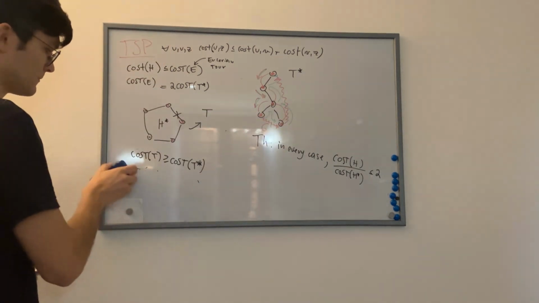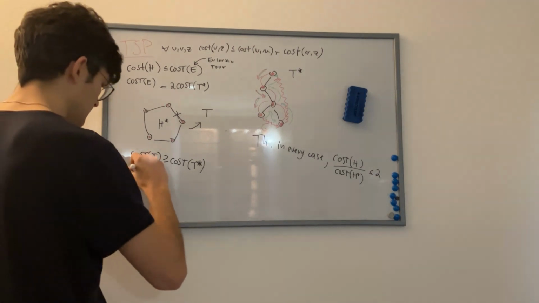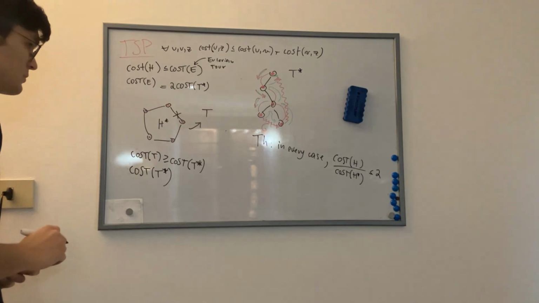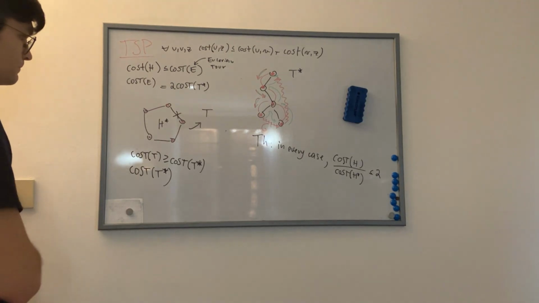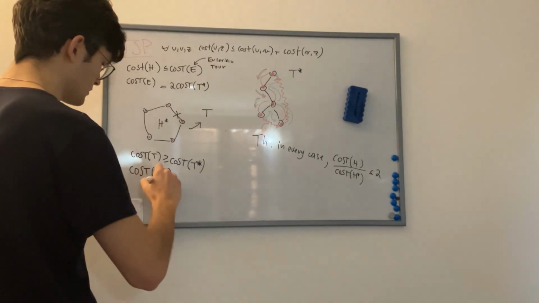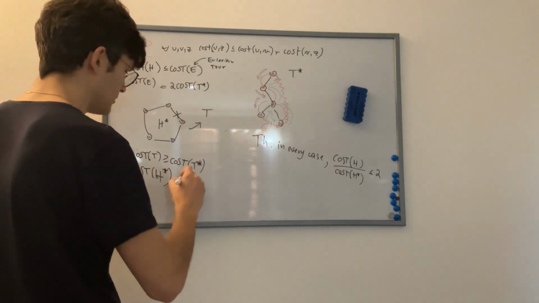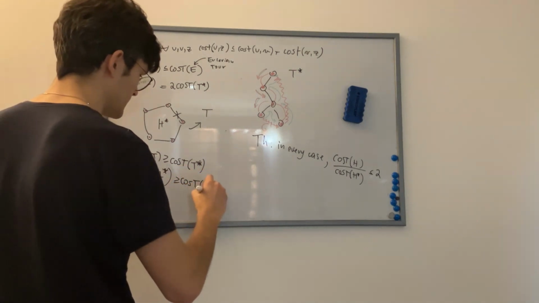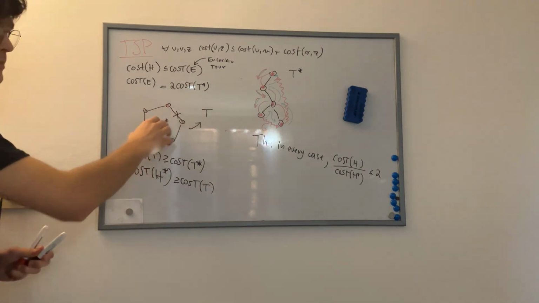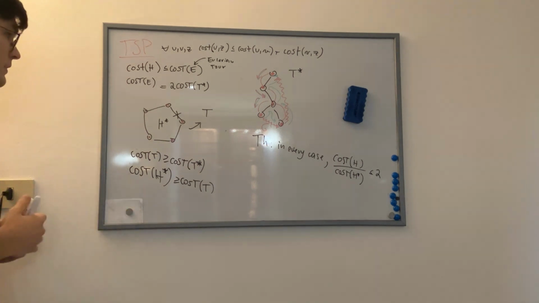What we need instead is that the cost of H star, so the cost of the optimal Hamiltonian cycle, is for sure greater or equal than the cost of T. And that's because we obtained T by removing one edge from H star. Okay, so that's it. Sorry for that.